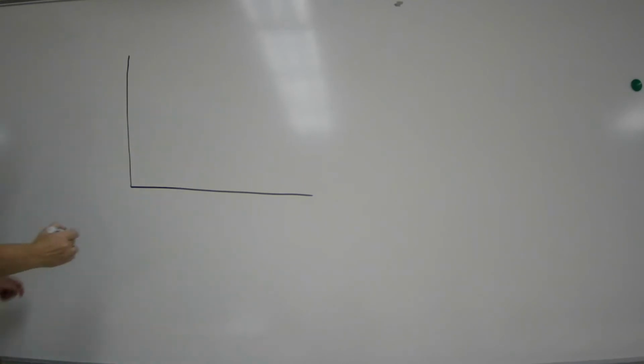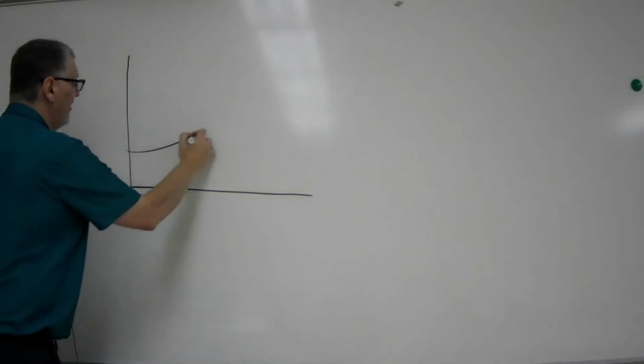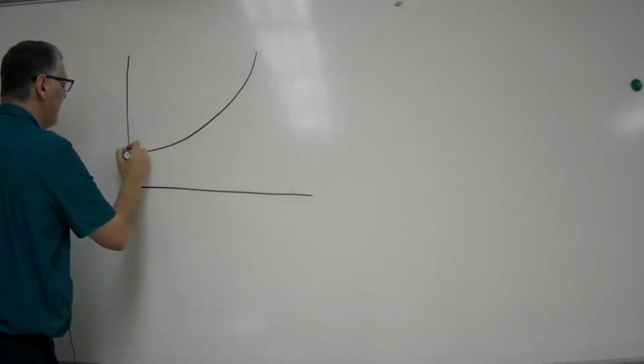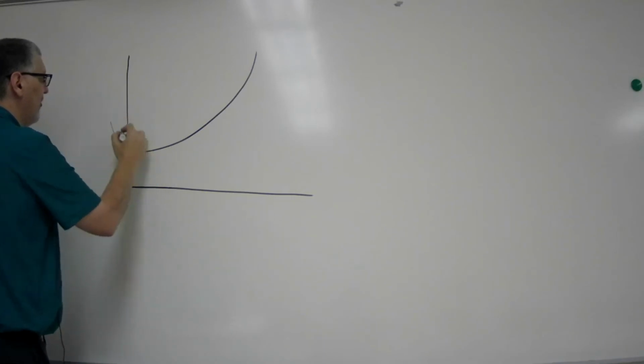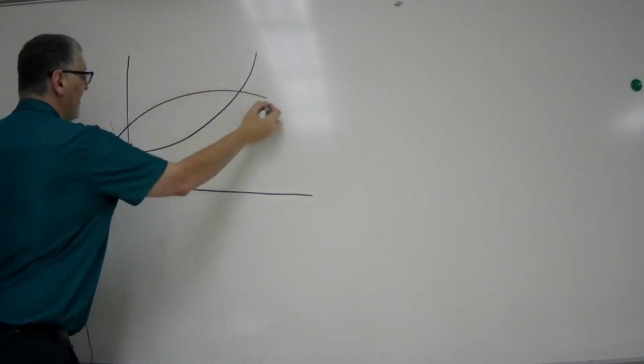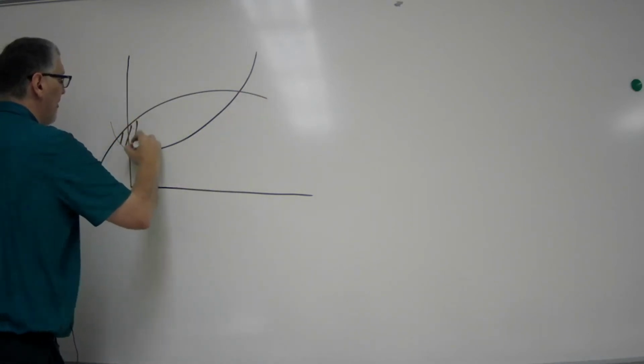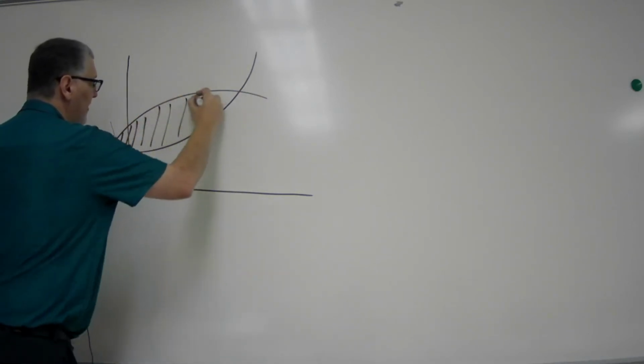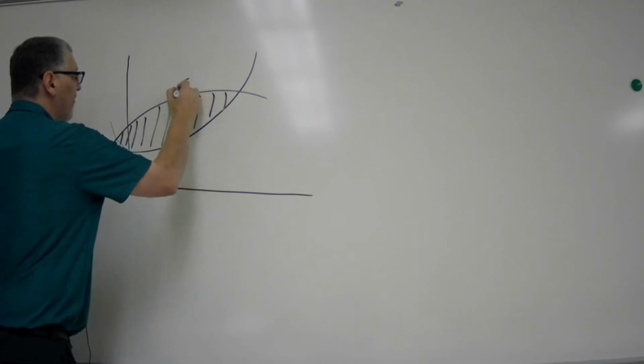So let me draw two functions here. Let's say I have one like this, and I have another one that comes in like this, and I want to know how to find this area. Let's call this f of x.